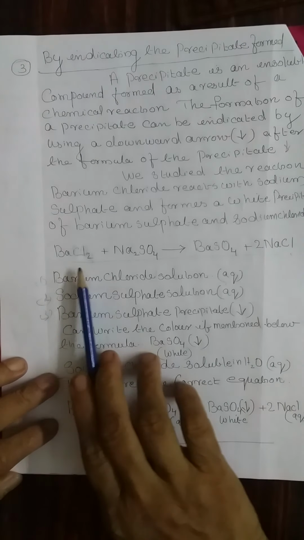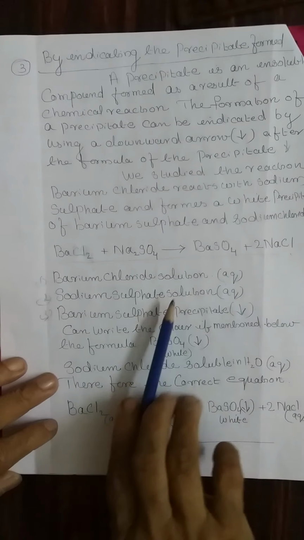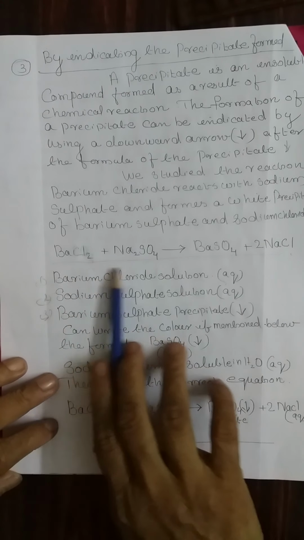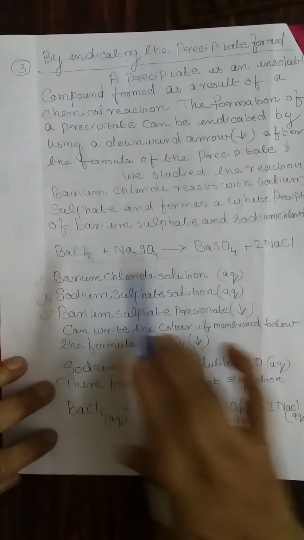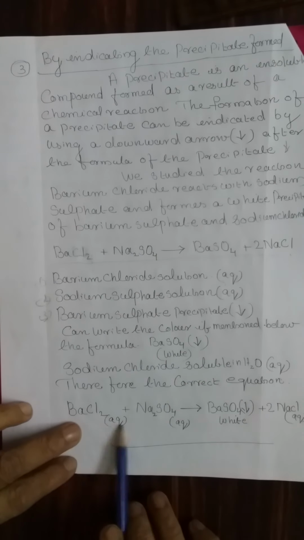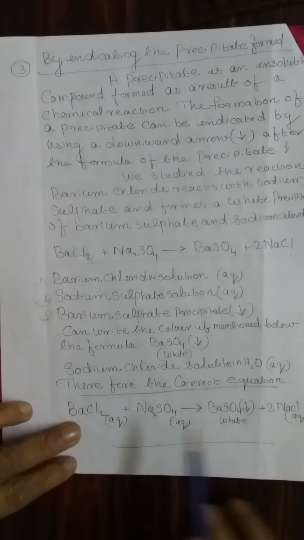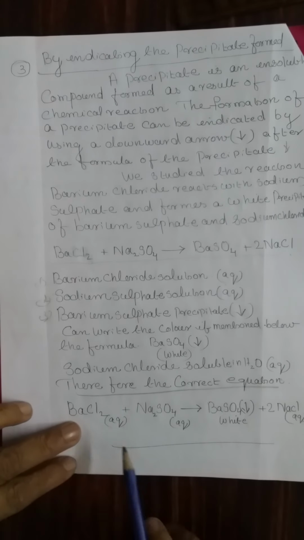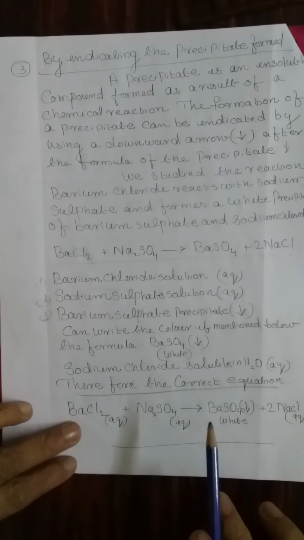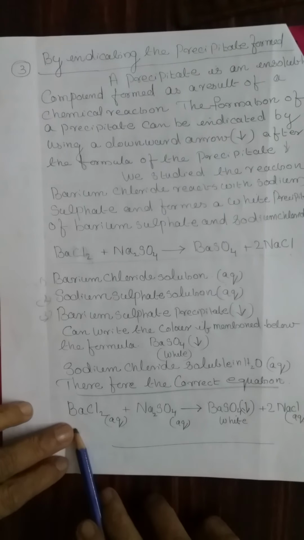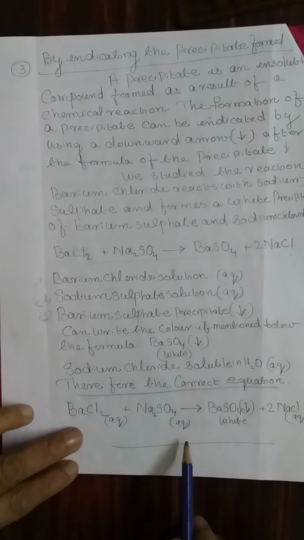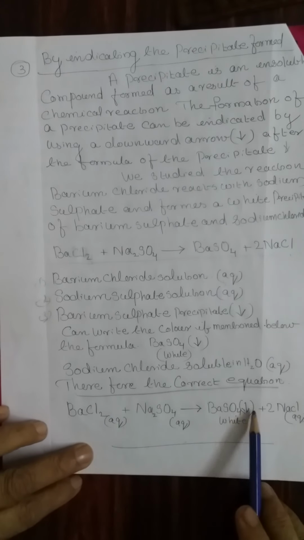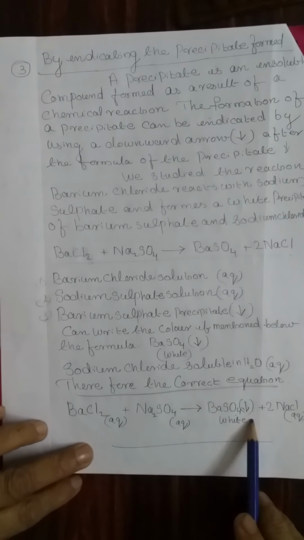Now we determined all the information that you can write in this balanced equation. Barium chloride, aqueous. The correct equation, that is the equation which gives all the information, is like this: barium chloride, aqueous; sodium sulfate, aqueous; barium sulfate, it is a precipitate, that means it is an insoluble substance.